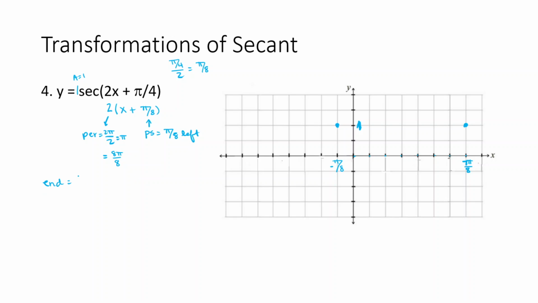So my end is going to be at 7/8, 1. My mid is going to be at the negative pi eighths plus half of the period. So that's negative pi eighths plus 4/8, which will put me at 3/8. So this is my mid here, and it will be a valley.